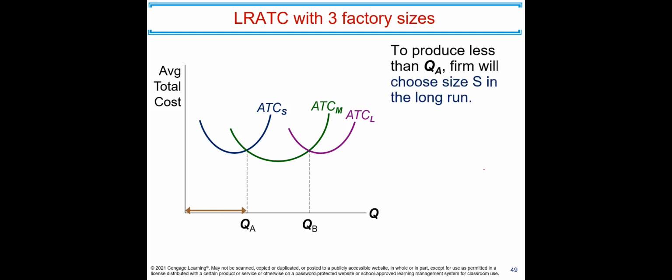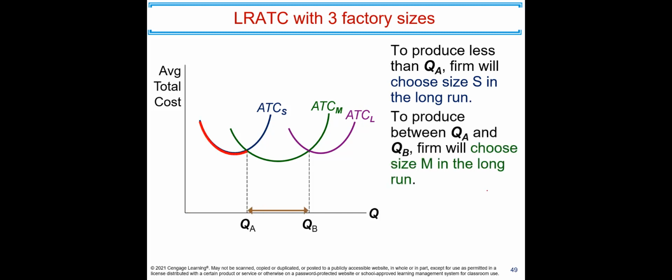Therefore, there are some quantities, right? To produce less than quantity QA, the firm is going to choose size S in the long run because that gives the lowest average total cost. And if the firm wants to produce between QA and QB, then the firm is going to choose size M in the long run because size M is going to give you the lowest cost, you see here.